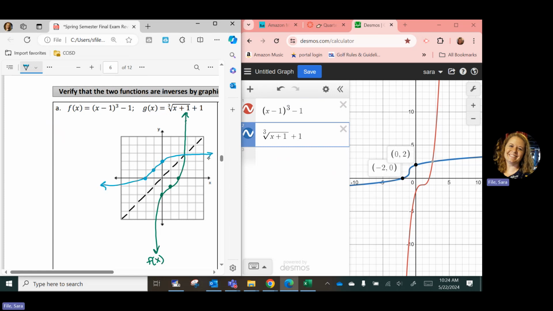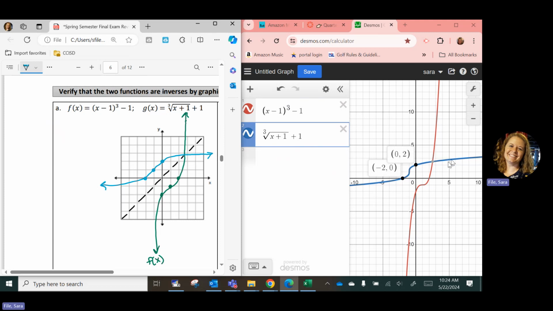And I can graph that curve. Now, visually, does that look like it is a reflection? These two curves are reflections of each other across this dashed line? If I were to fold it across this dashed line, would all those points match up?